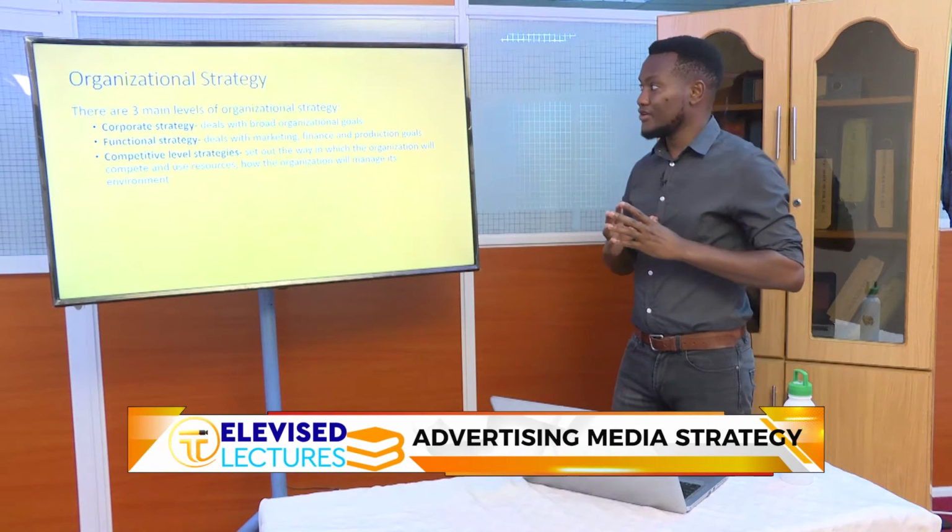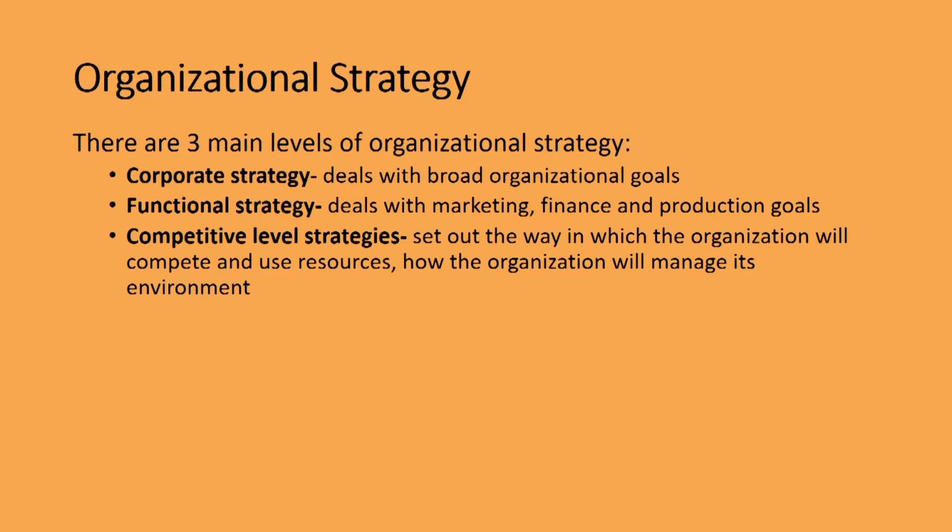And then there is the functional strategy. The functional strategy is the kind of strategy that enables an organization to run its day-to-day affairs. Under this, we talk to departments such as the marketing department, the finance department, among other production departments that deal with a particular industry or particular enterprise that we have for our context.